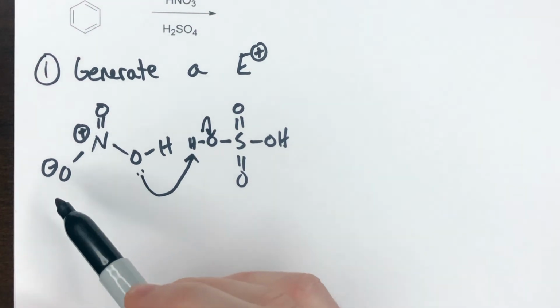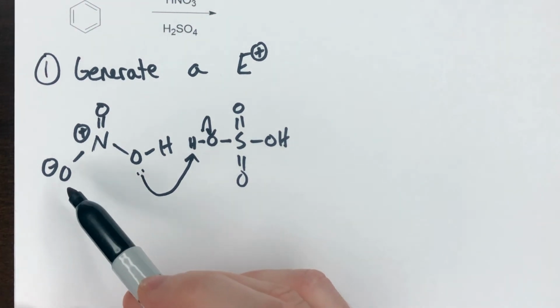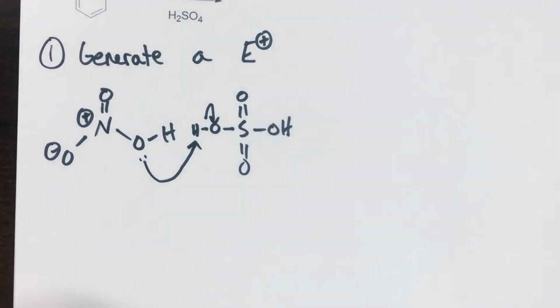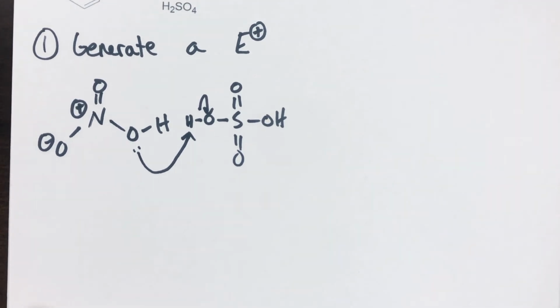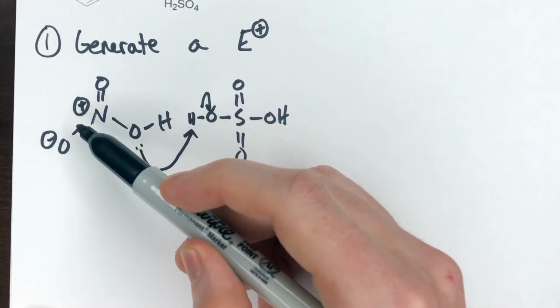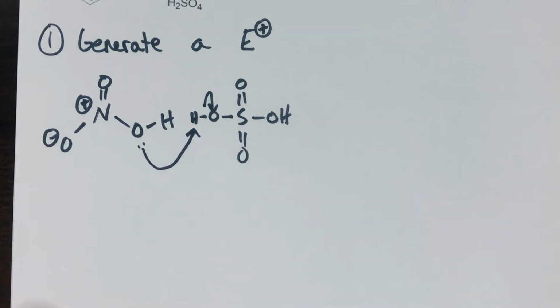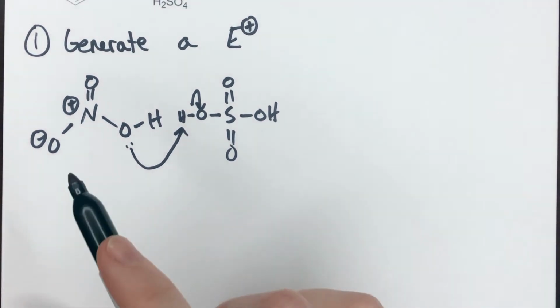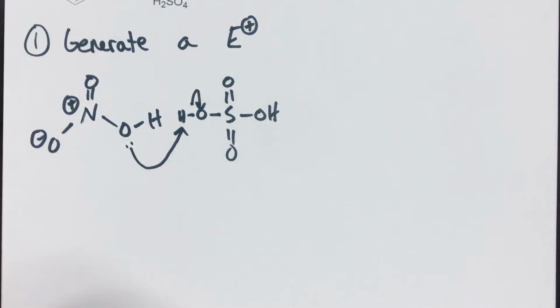You may wonder why a lone pair on this oxygen over here isn't attacking, and well, there's two reasons. One, it has resonance up into this other oxygen here, which makes it less basic. But additionally, you cannot generate the most reactive electrophile using any of the other oxygens.